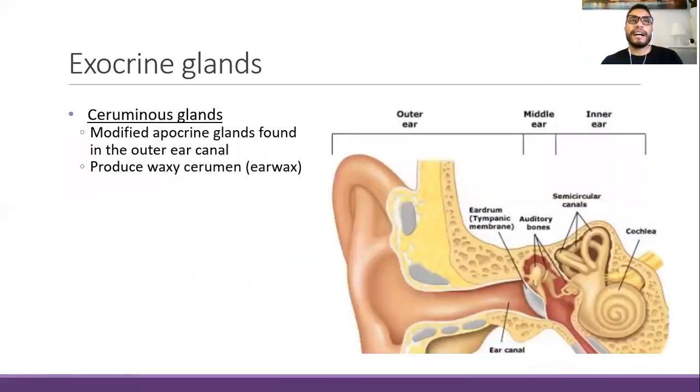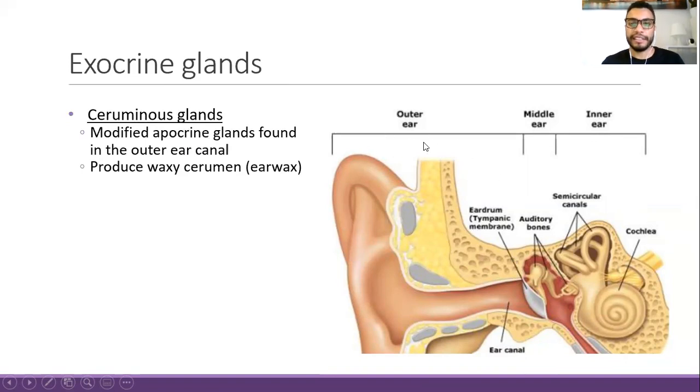We have other types of exocrine glands that are also present in the integumentary system. Examples: we have the ceruminous glands. They are modified apocrine glands found in the outer ear canal.